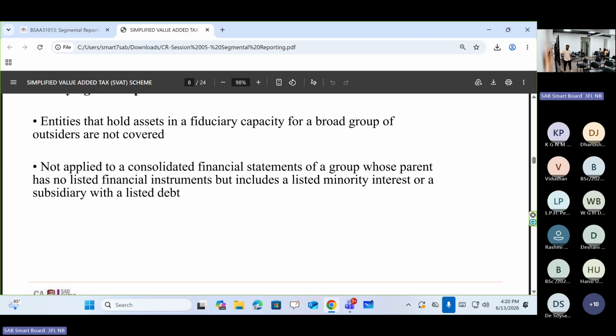So, for the consolidated financial statements of a group, if there is no debt or equity instrument trading in the stock market, we do not need to give segmental information.